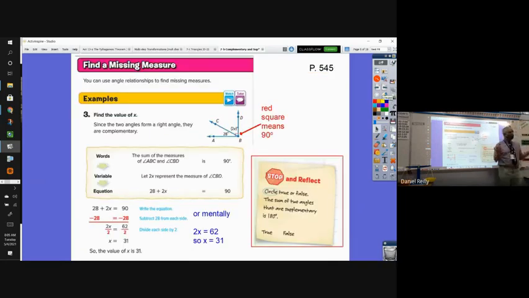Then, if you know that two angles are complementary or supplementary, and you know the measure of one of the angles, then you can find the measure of the other angle, which reminds me that you can use a calculator for this whole unit. You will need one. You need to have a handheld calculator. It makes the problems go way faster. And that's important.